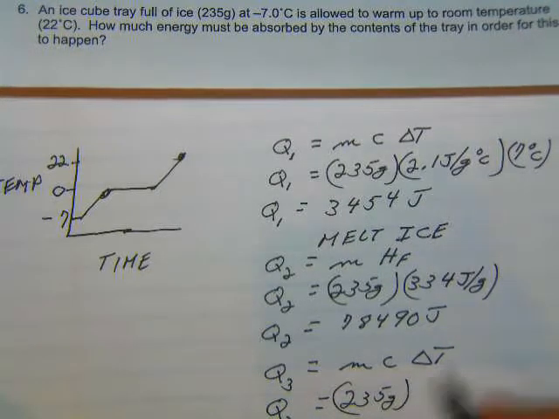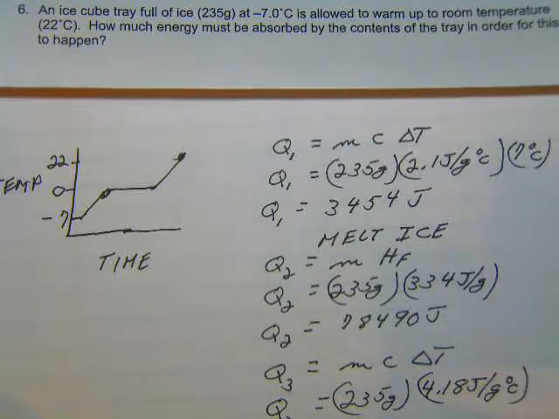We know liquid water is 4.18 joules per gram degrees Celsius. And we've got a change in temperature from 0 to 22, so it's 22 degrees C. So Q3 equals 21,610 joules.